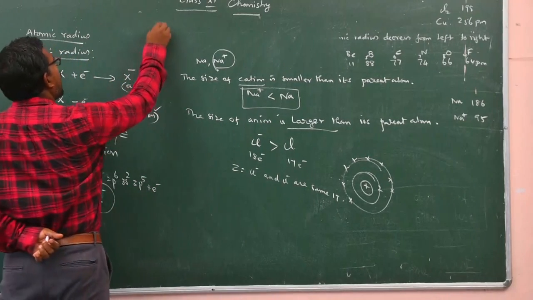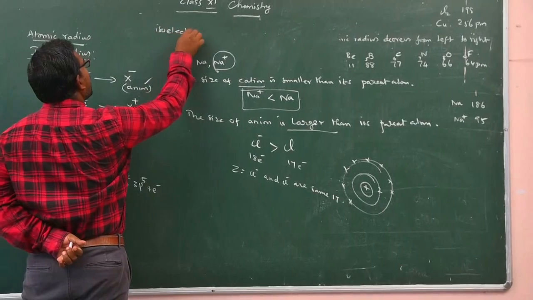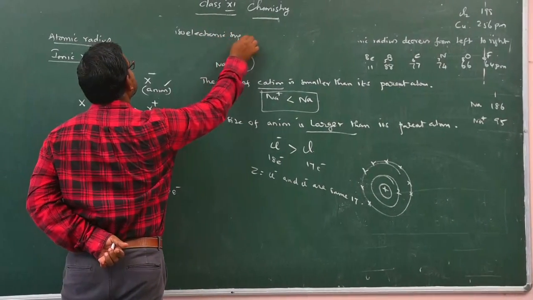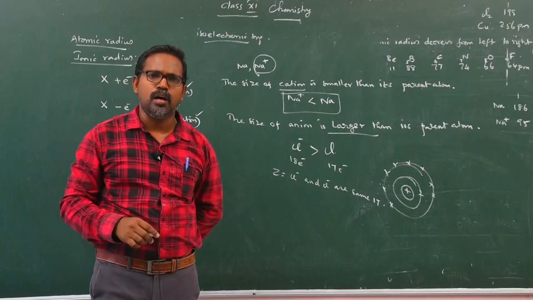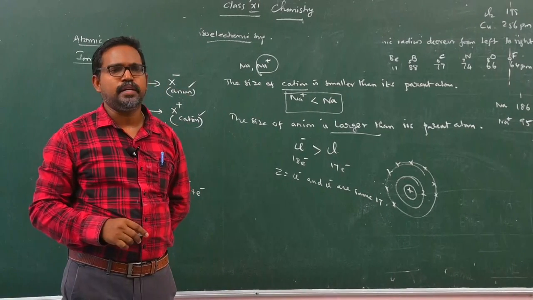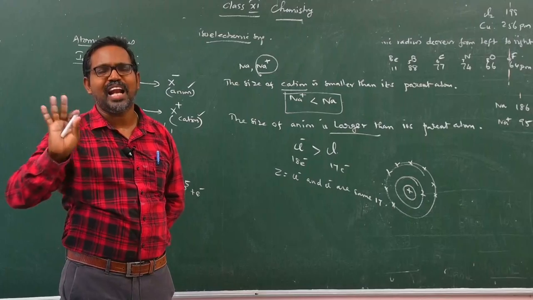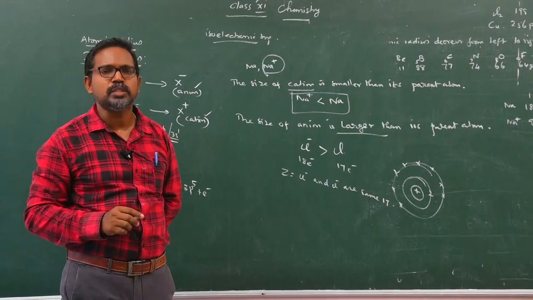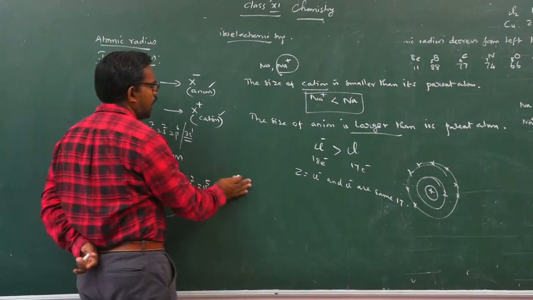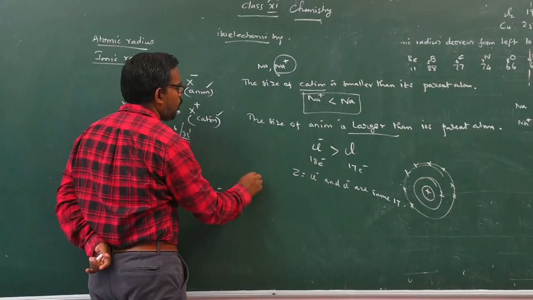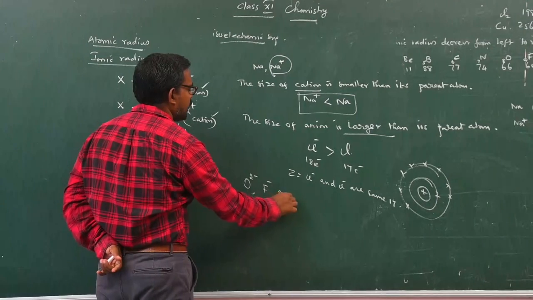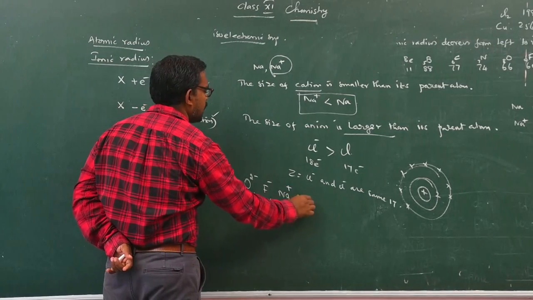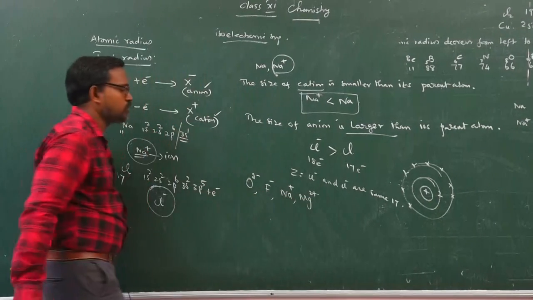Now, what is isoelectronic species? Isoelectronic species means ions or atoms having the same number of electrons. Let us consider O2 minus, F minus, Na plus, Mg2 plus.